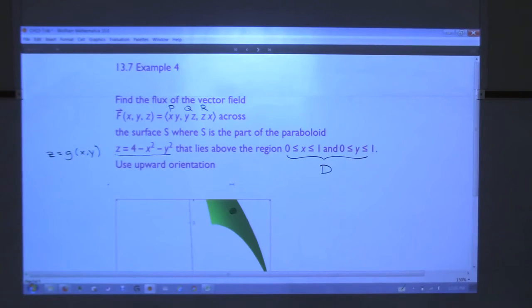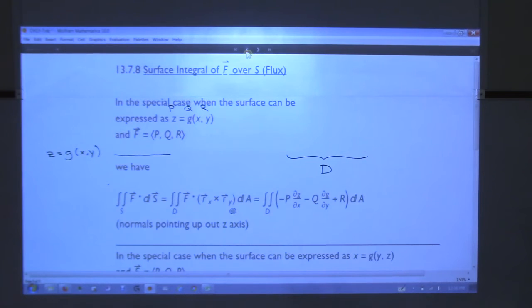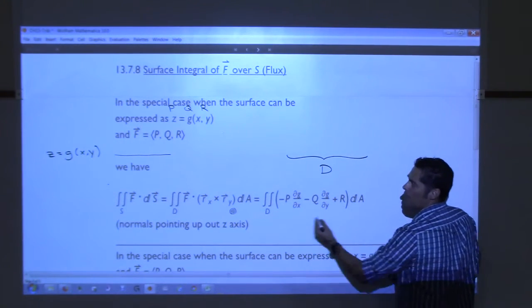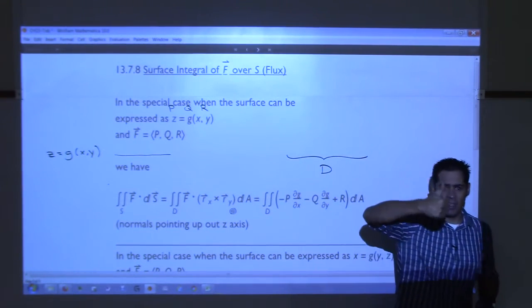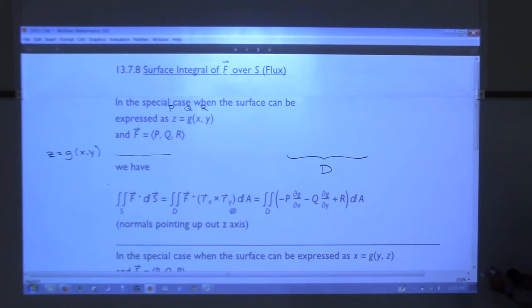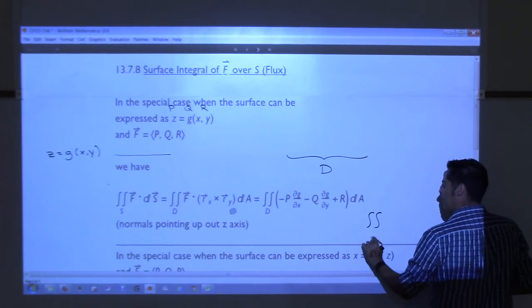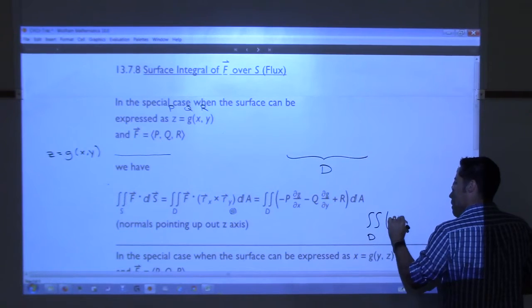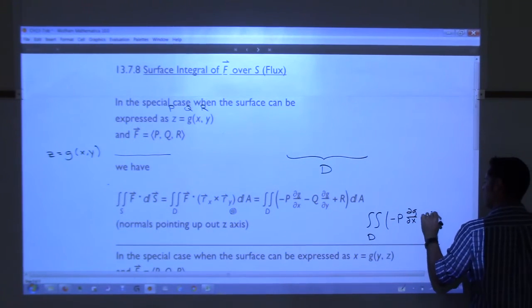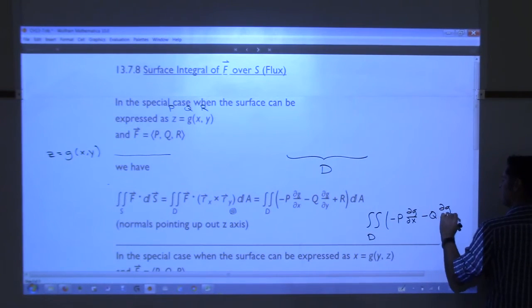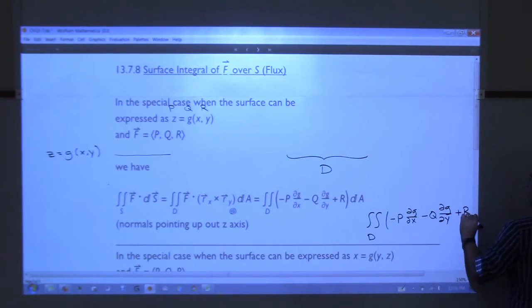And so according to the previous note, we are looking at this one right here. We have a function of x and y. Our normals are pointing upward out the z-axis like this. So we need to compute the double integral over D of negative P partial g with respect to x minus Q partial of g with respect to y plus R dA.